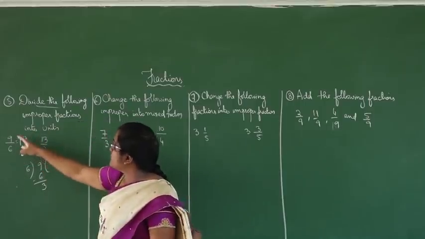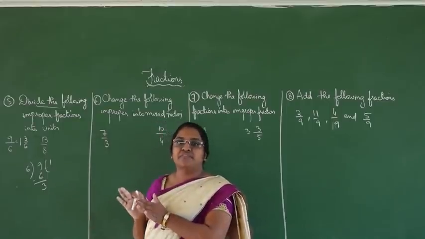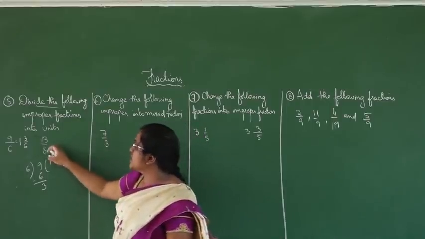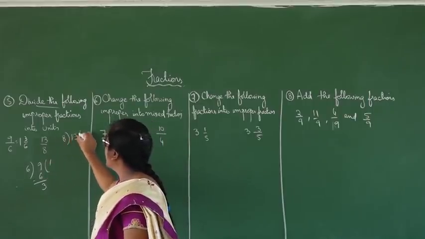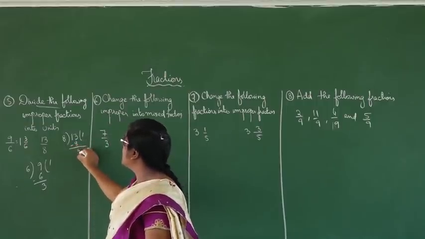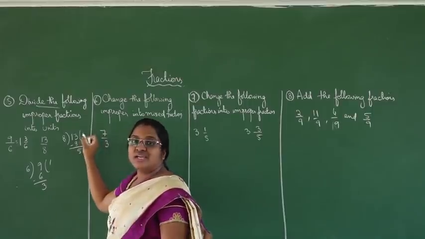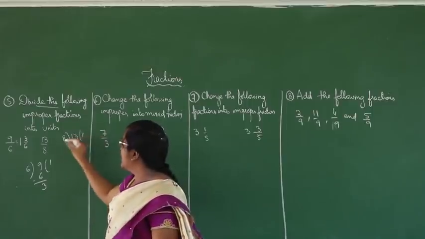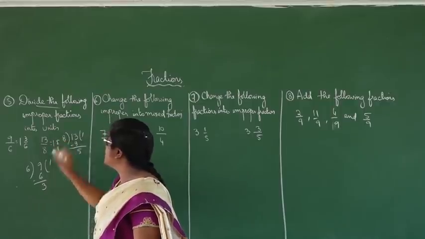Now the improper fraction, we are dividing it into unit and also a fractional part. So here, 30 divided by 8. 8 ones are 8, then the remainder is 5. So here the quotient is the whole part. It contains 1, 5 by 8.